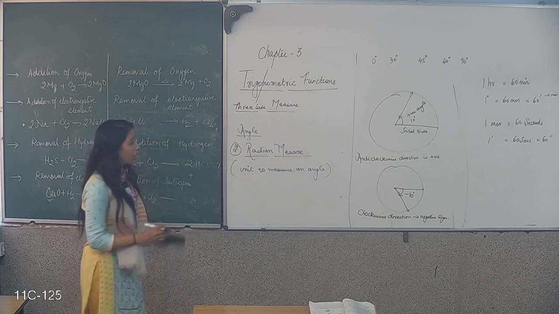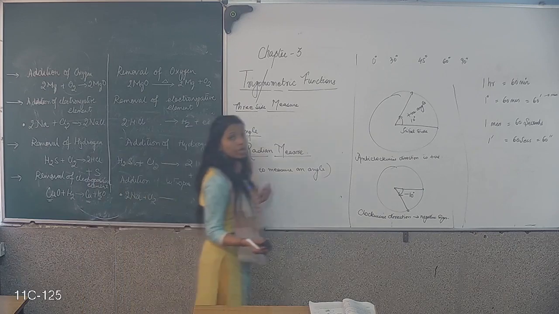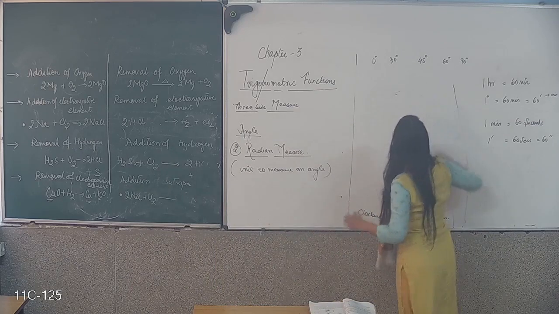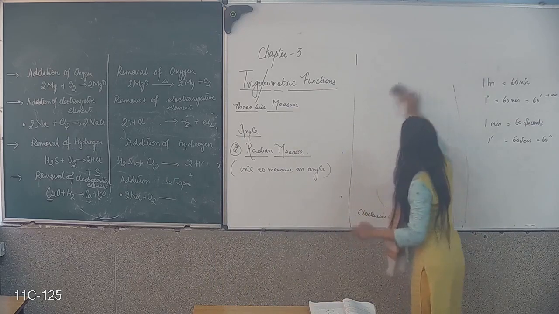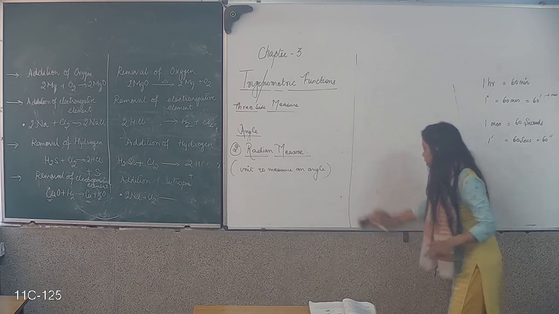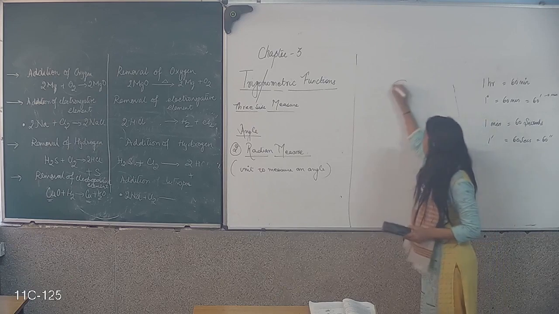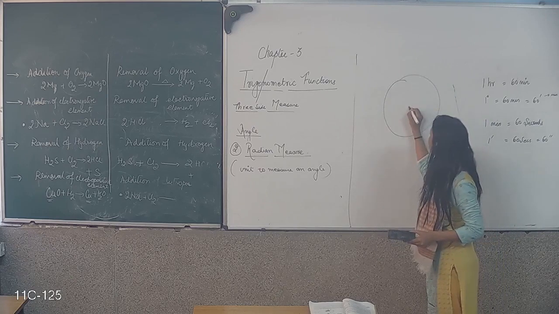Clear? But this measure says a specific thing. What does it say? An angle subtended. Subtended means made by an arc. An angle subtended by an arc.